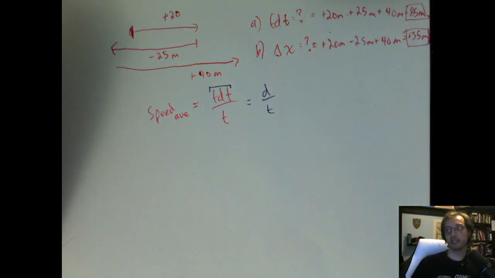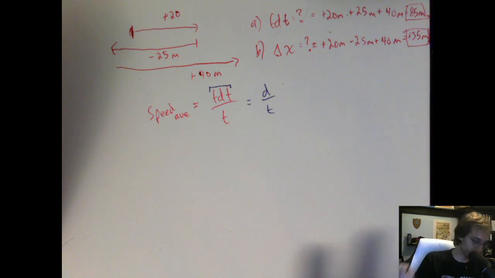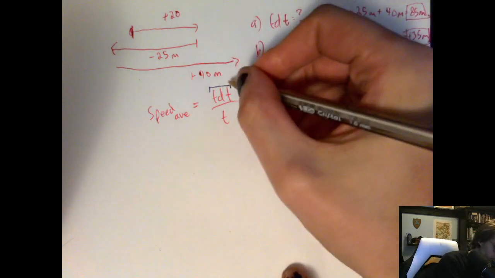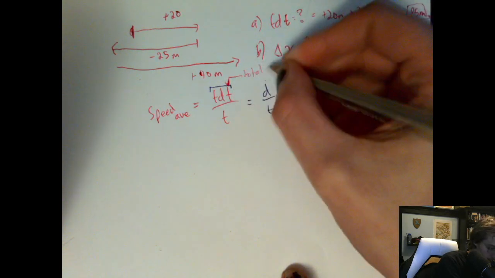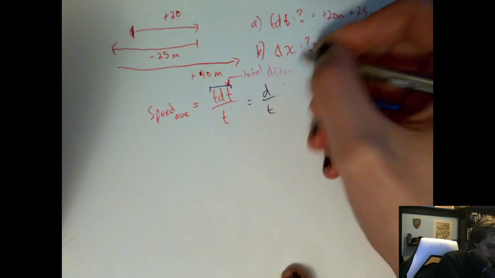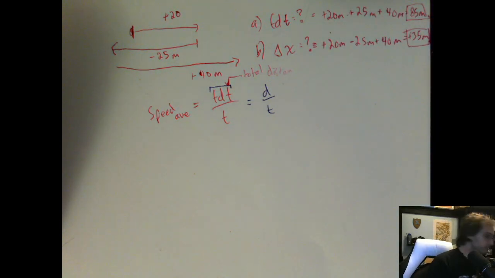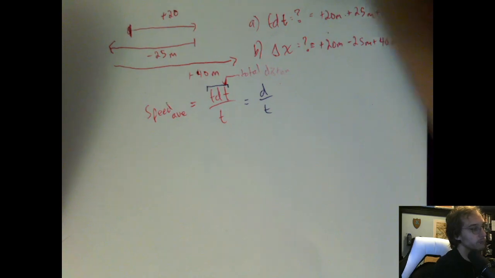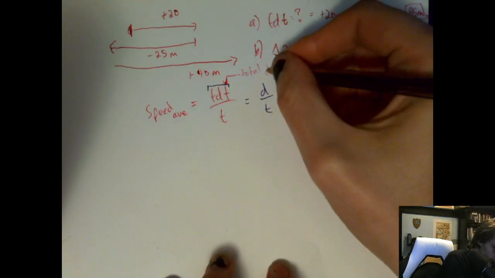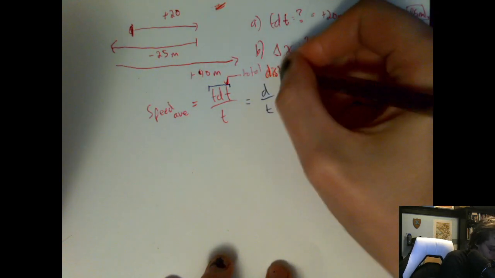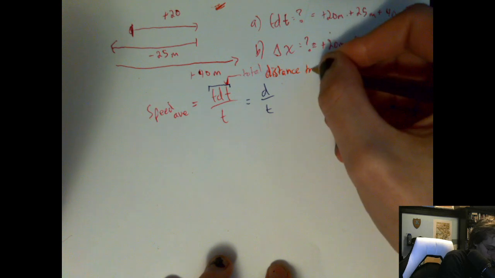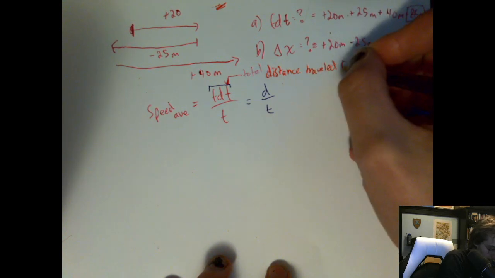For me, I like having the explicit, like, this is the total distance traveled. It's not just an arbitrary distance, and it's definitely not displacement. And for me, that makes more sense. Total distance traveled, which is measured in meters.